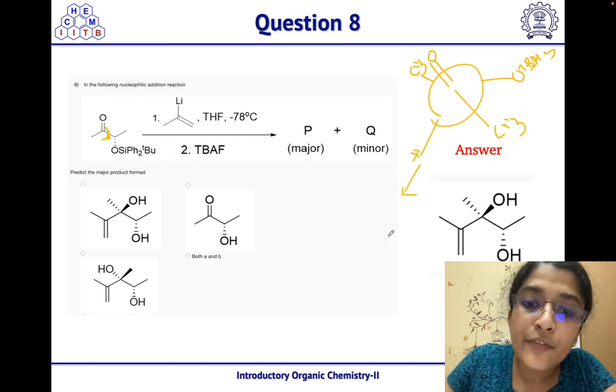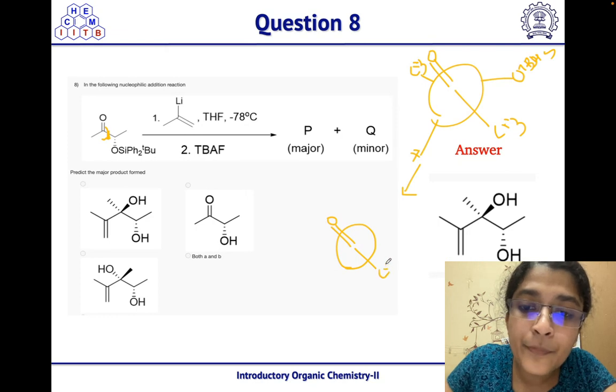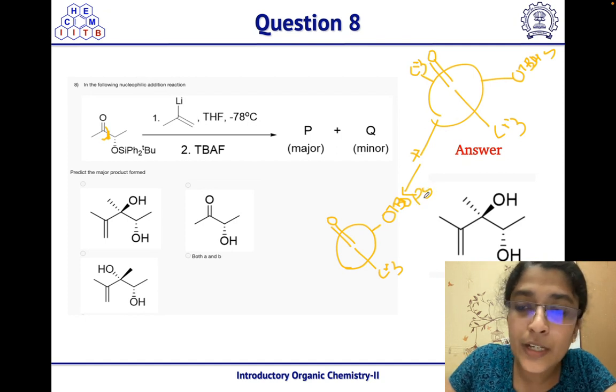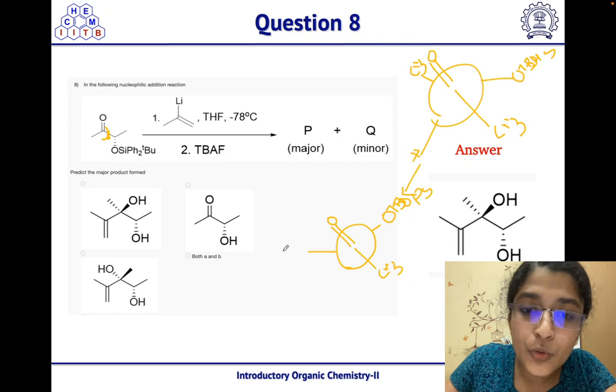So if we draw it in the Cieplak model, it will be like this: CH3, and the OTBDPS group should be written perpendicular to the carbonyl.